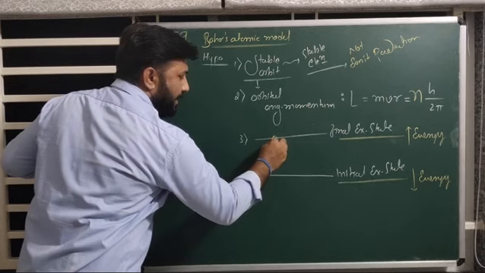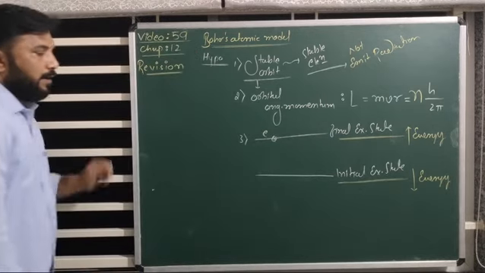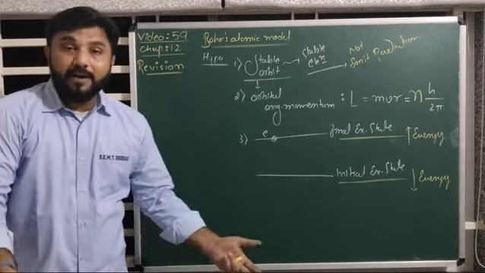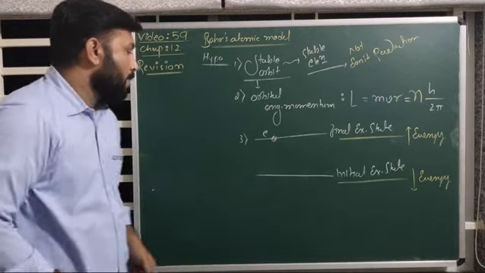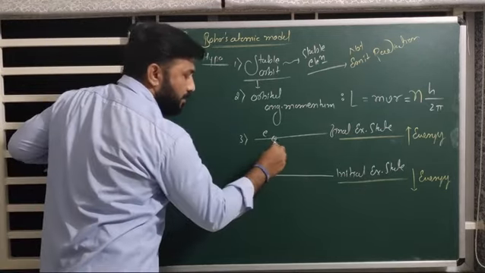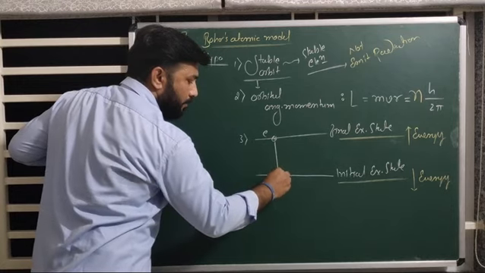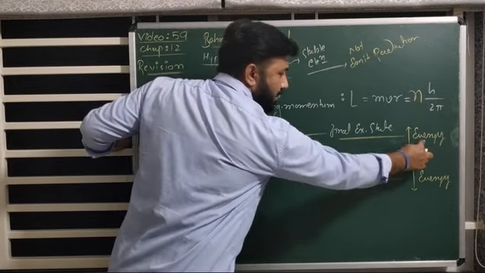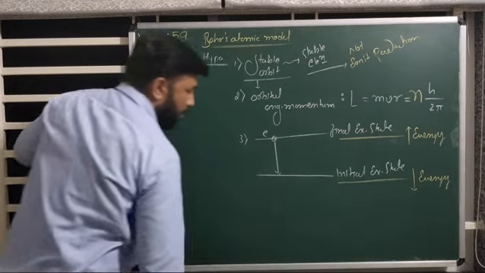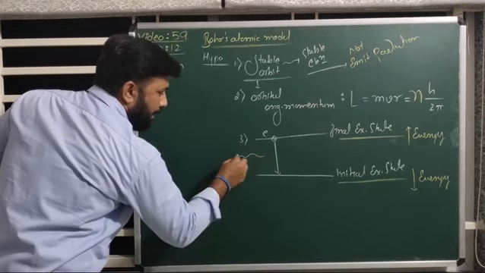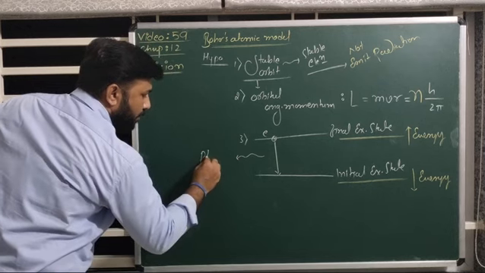Suppose this is an electron, right? So it is very nice to see in short from here. When an electron transits from a high energy level to a low energy level, then it emits, what does it emit? Photon.